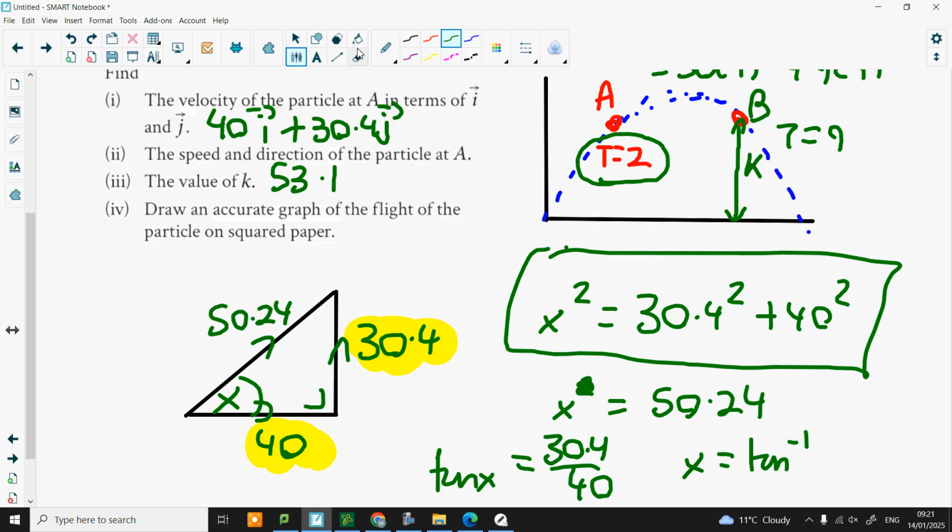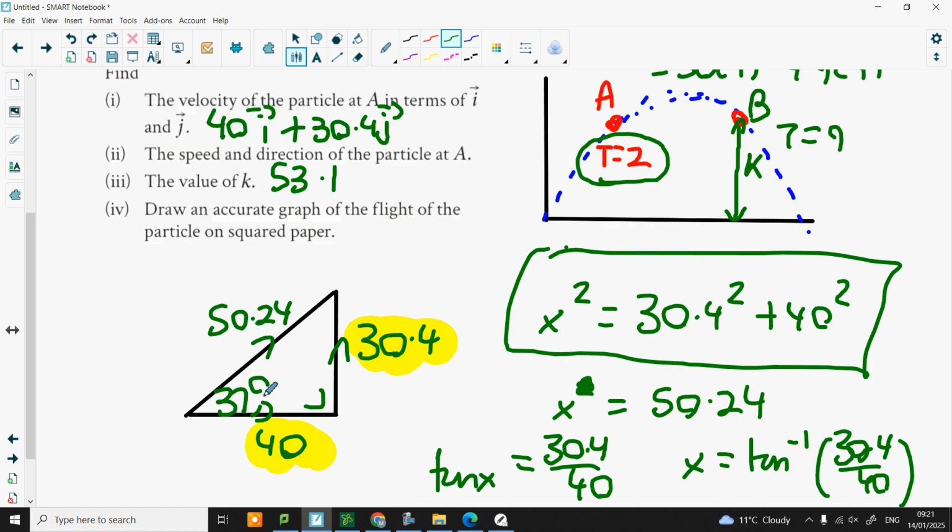What do you get? So what do you get when you tan inverse it? 37 degrees? Yeah, about 37 degrees.